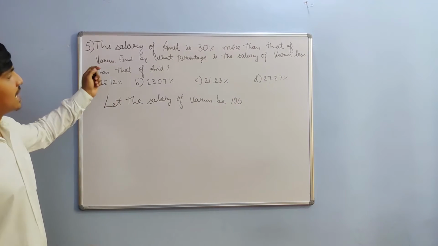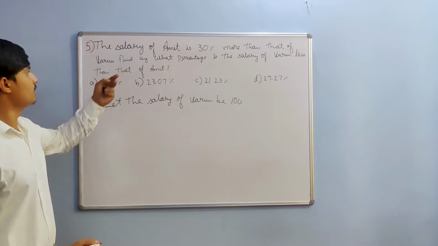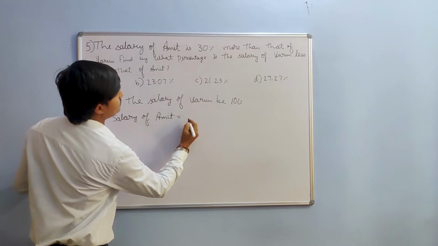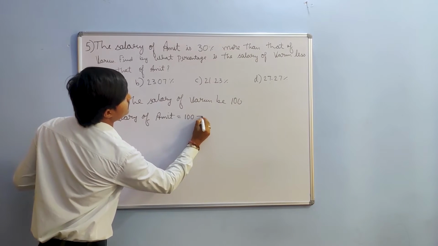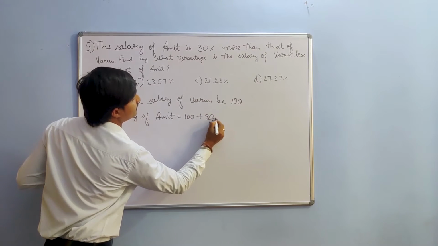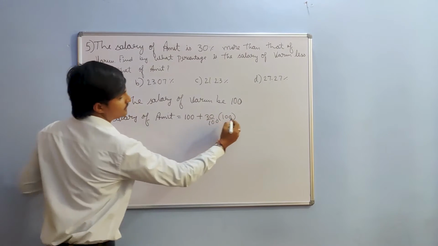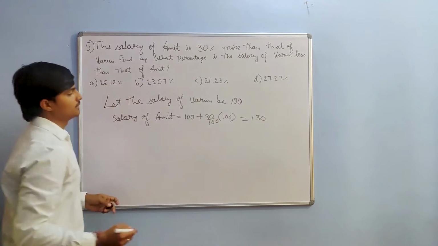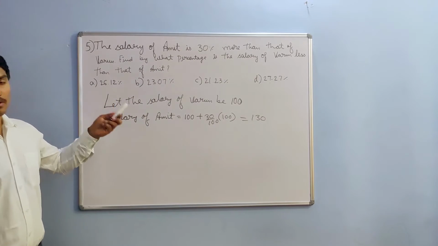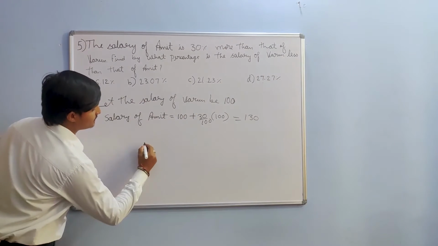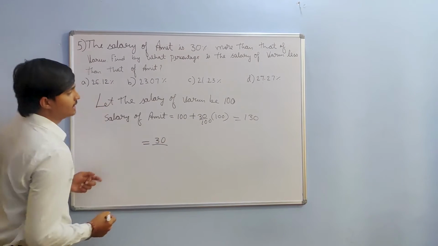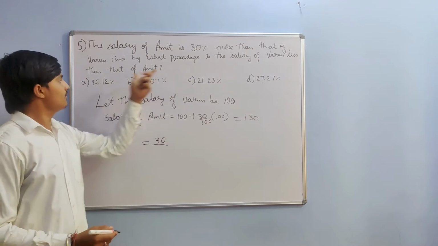Let the salary of Varun be 100. From the question, the salary of Amit is 30% more than that of Varun, which means salary of Amit is 100 plus 30%, that is 130. Find by what percentage is the salary of Varun less than that of Amit. The difference in their salaries, that is 130 minus 100, which is 30, comes in the numerator, and in the denominator we are comparing Varun's salary with Amit's salary.